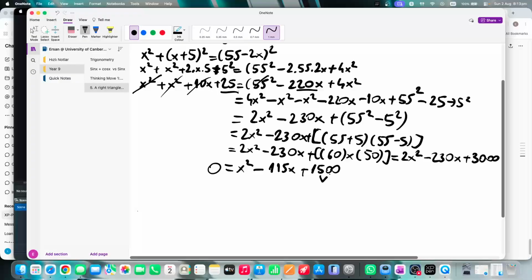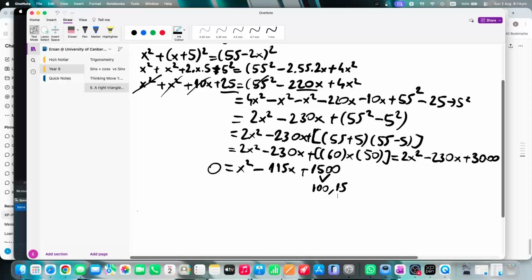So you need to find two constants whose multiplication is 1500 and whose sum is 115. They both will be negative. Why is that? Because the sign here is negative. I can see it, but I'll show you how to find it as well, just in case.